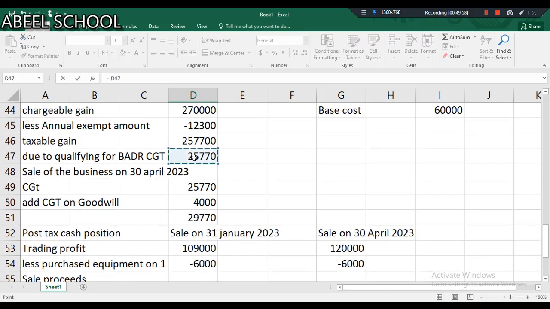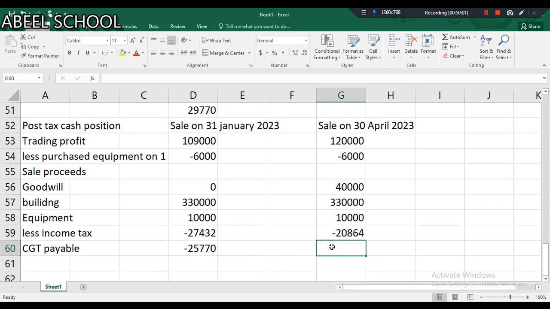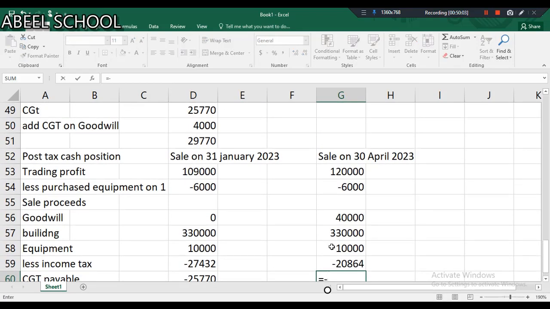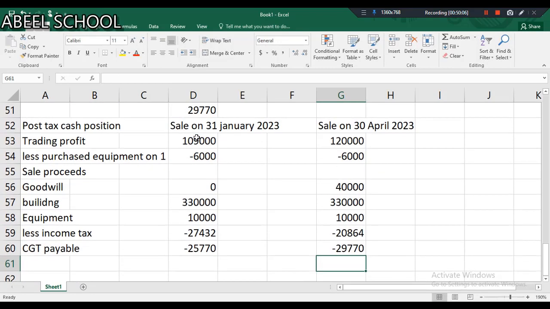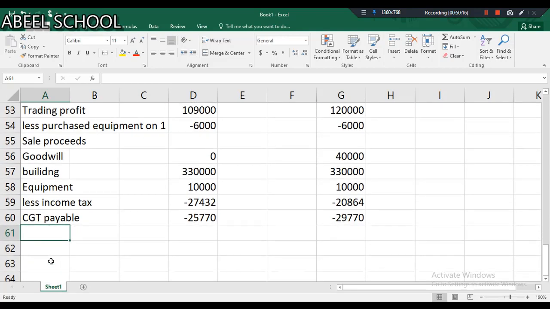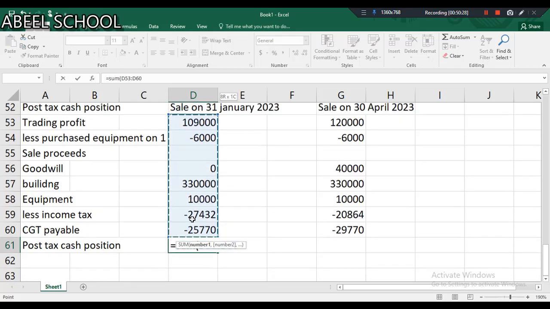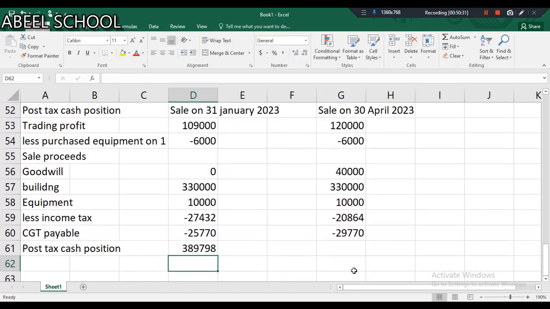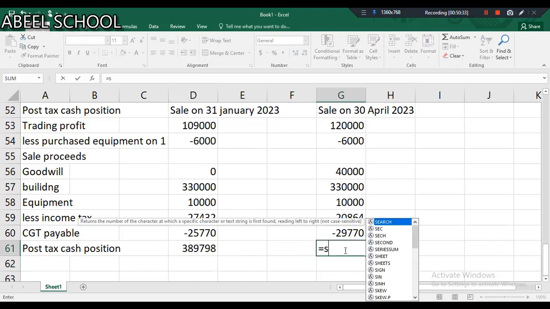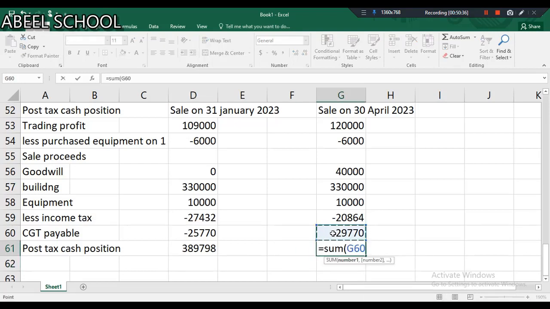This is 25,770, and in this case we have 29,770. I strongly believe all the cash inflows and outflows are here. So here comes your final answer. Post-tax position, you can just apply some formula. Let's apply some formula here also.